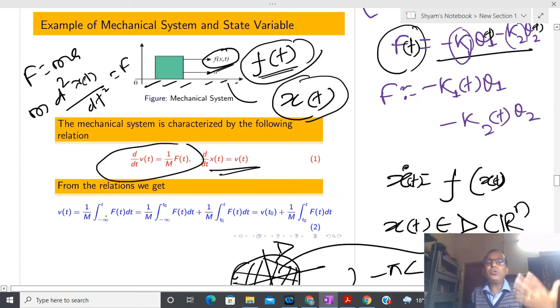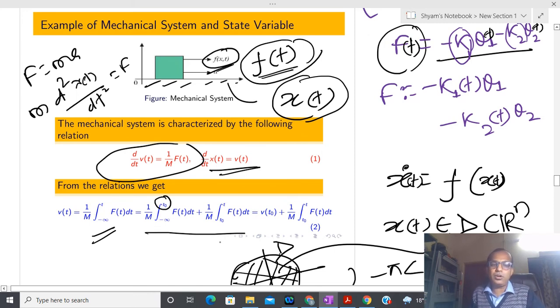And I don't know when I started, or what kind of force was acting when I started, due to that reason the lower limit should be minus infinity. Even if I start at t0, the lower limit I have to put is minus infinity, because I don't know what kind of force is acting on this system from the environment or some other place. Now if your starting time of the experiment is t0, then I can write this integral in two parts.